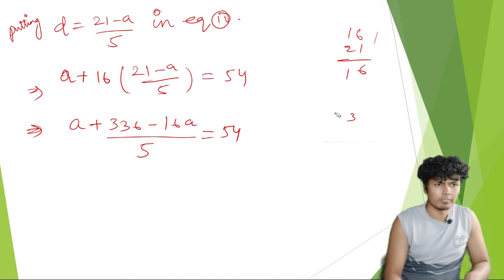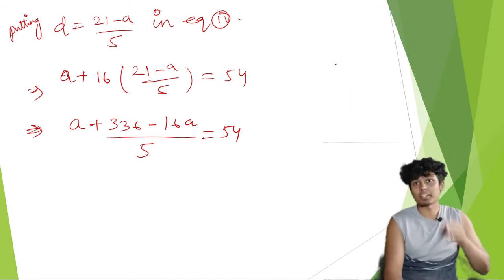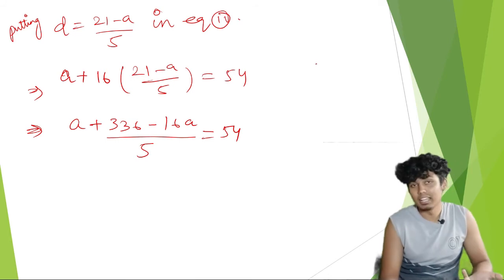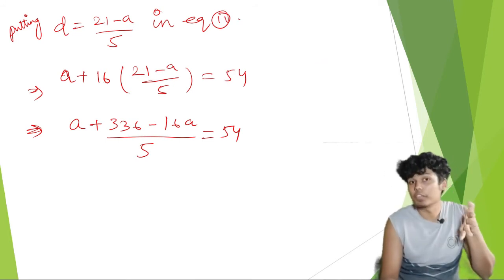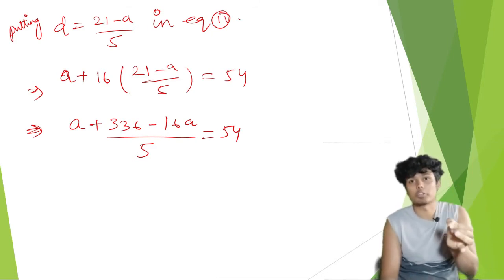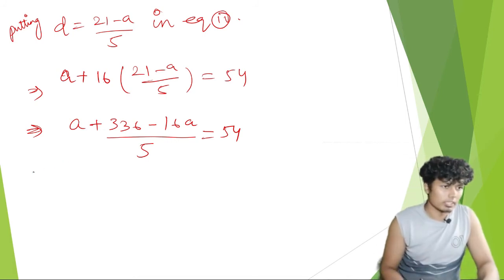Hope it is clear? Simple mathematics only. You can solve it by your own method. If you know the substitution method, use that. Otherwise, write down in the comment below. Whoever says that they don't understand, I'll make a separate video for you. Do not worry.